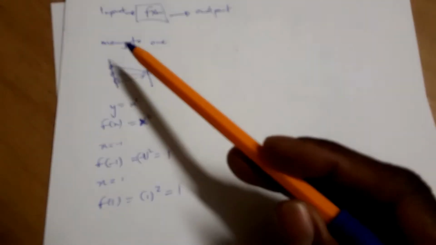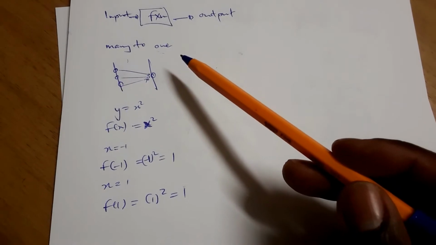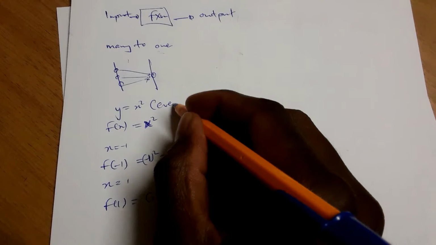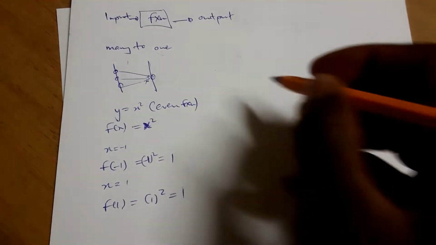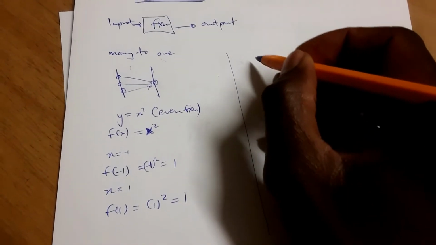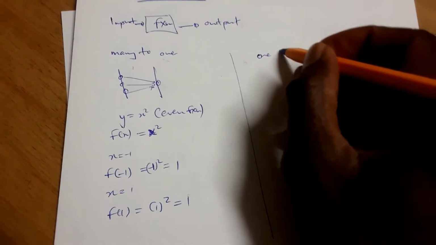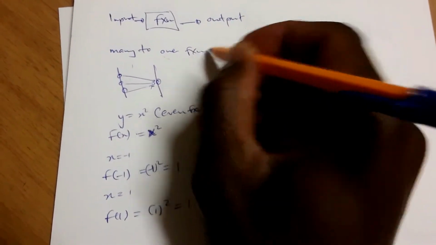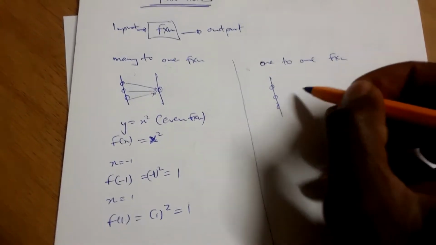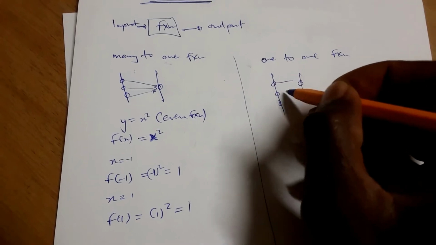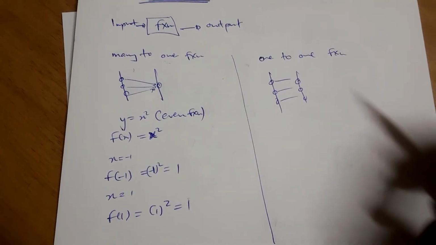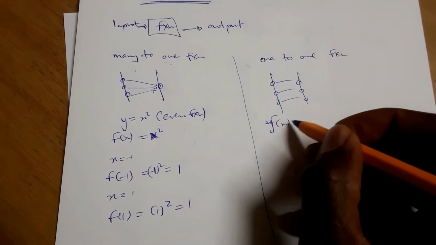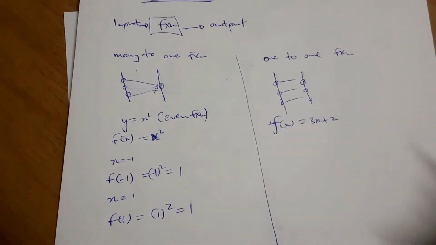So this is what we call many to one function, and this is an even function, right? So we have also 1 to 1 function, right? Where we are saying that for every input that we are putting, we are getting one output, right? Normally these, for example, we have f of x is equal to 3x plus 2, right?